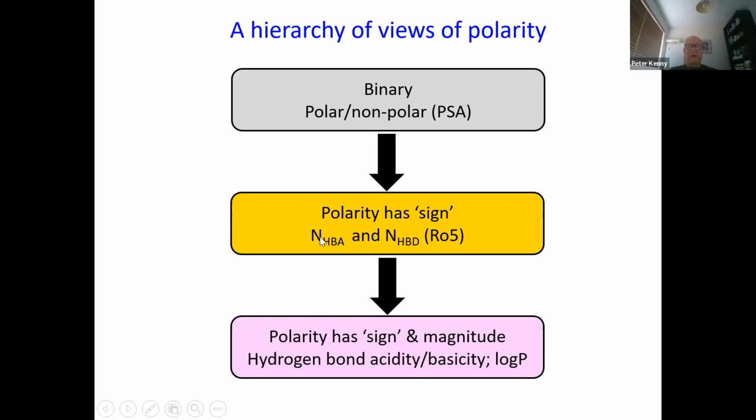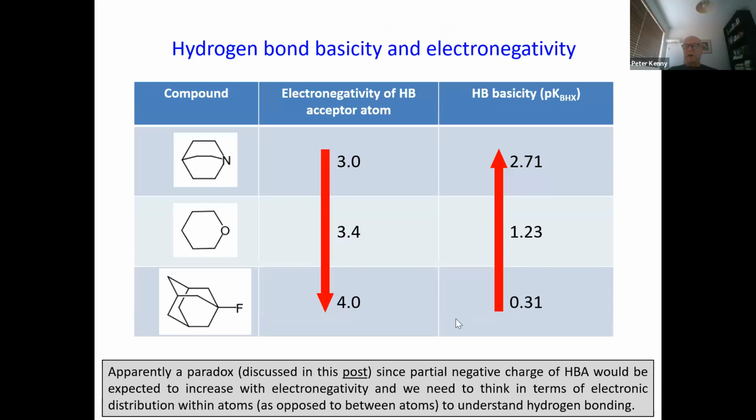So we have numbers of hydrogen bond acceptors and hydrogen bond donors, which are seen as different, as in the celebrated Lipinski's rule of 5. And finally, polarity has sign and magnitude. This is what interests me in particular, the idea of getting the magnitude right and understanding that. So here I'm going to show you some material on hydrogen bonding.